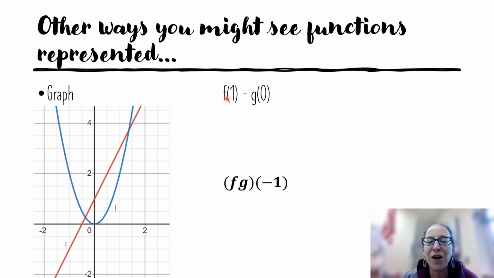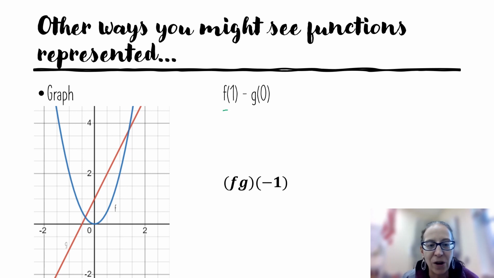So for f of 1, remember that that means that x is equal to 1. Now, the scaling on this is maybe not ideal. So this is like 2 over here. So this means this is 1. And I'm going to go up and find the value of that blue function when x is 1. And that puts me right here. And I can see that the value would be 2.